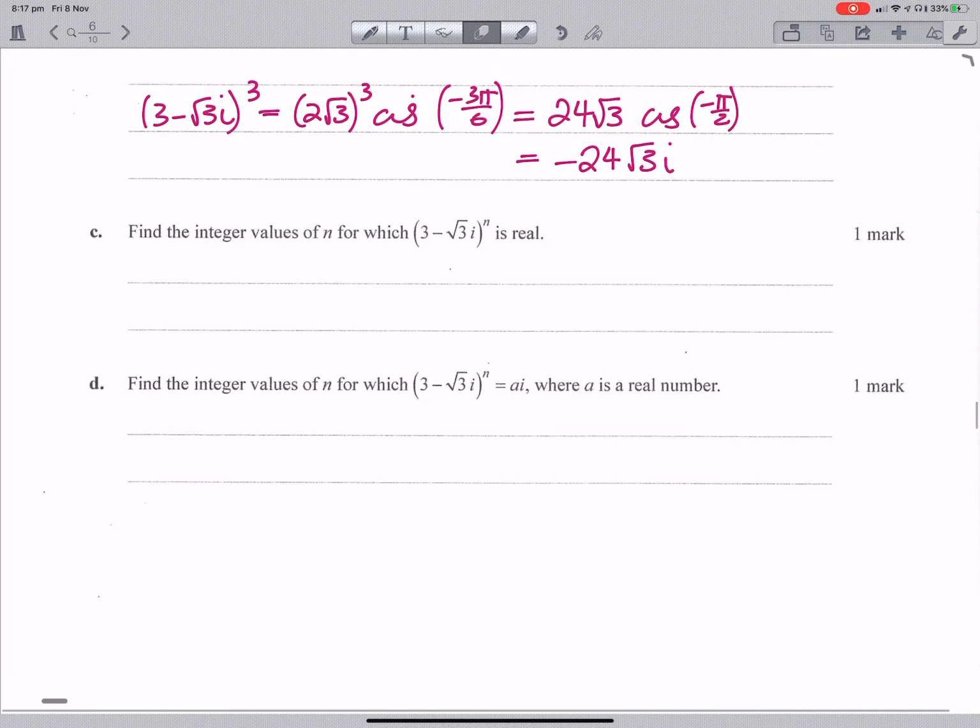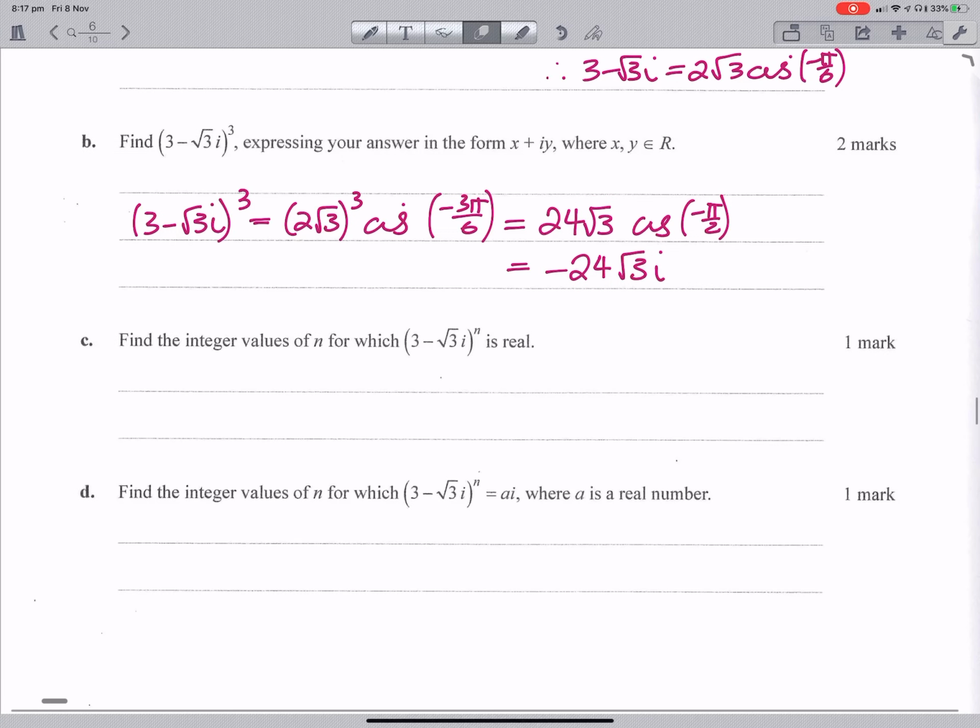Find integer values of n such that that's real. So if it's real, it's got to have no imaginary component. We don't really need to do anything because it's 1 mark. We know that cos theta plus i sine theta, so i sine theta has to equal 0.